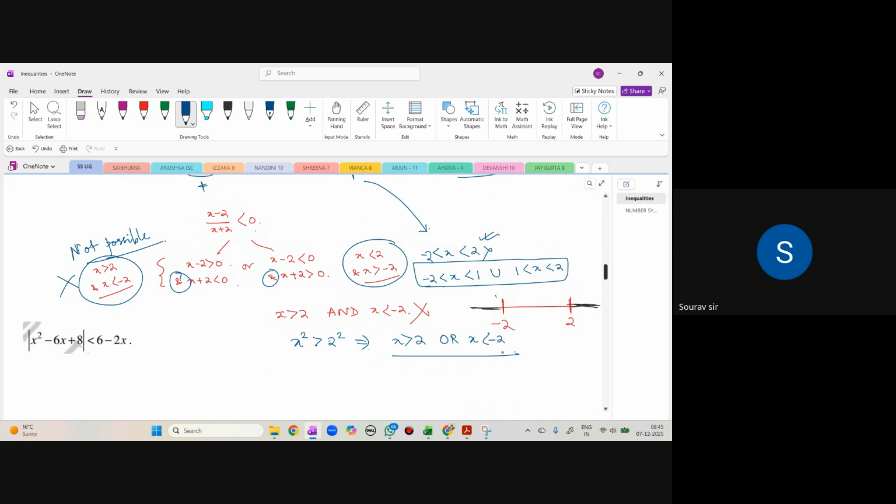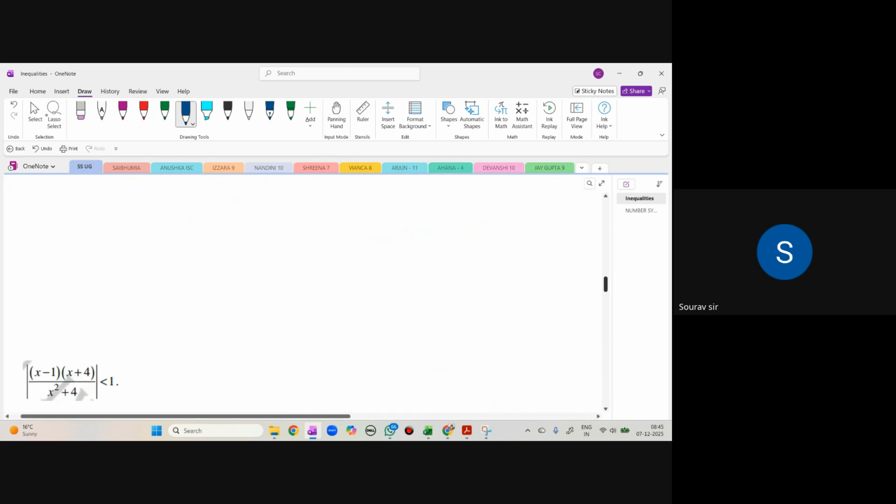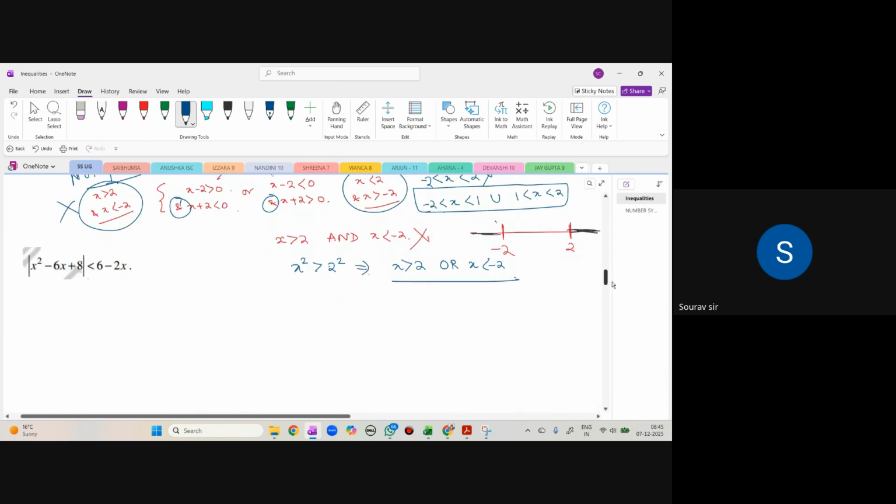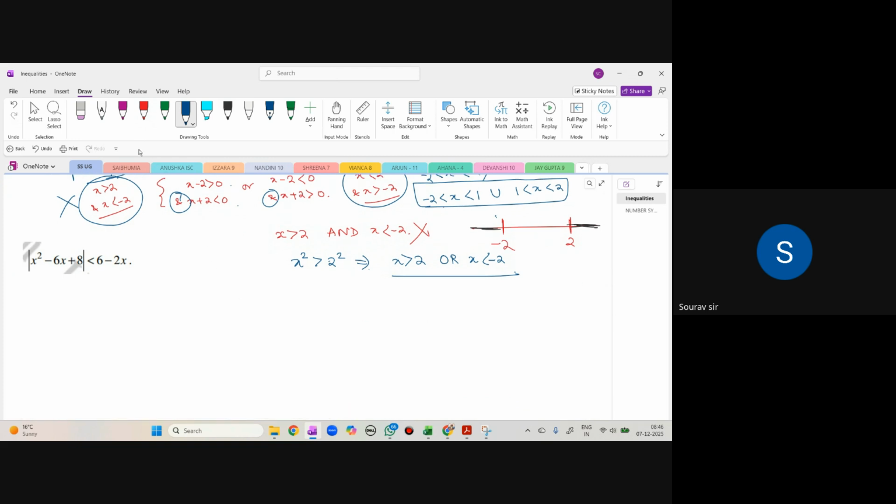Let me write it as x square greater than 4. This means either x is greater than 2 or x is less than -2. You can put values and check.